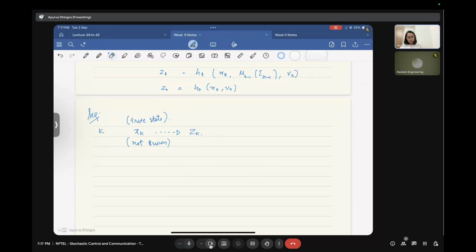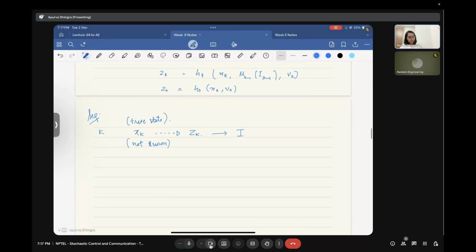Next, okay, so let's just take one step back. At the previous time step, we would have known this much. We would have known what is ik minus 1, uk minus 1, what was the action taken, and the observation.